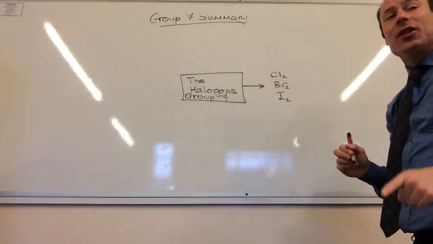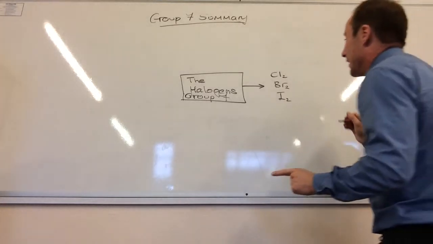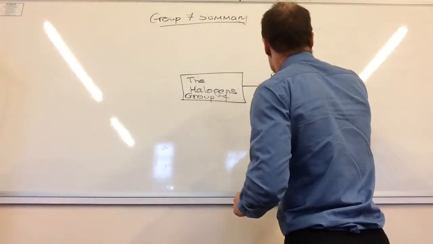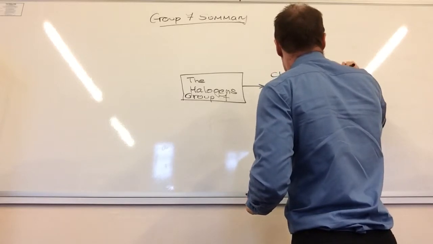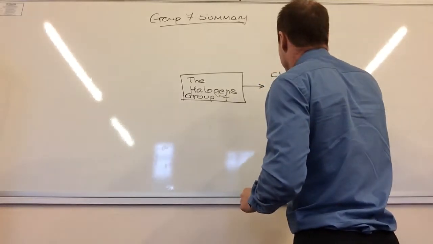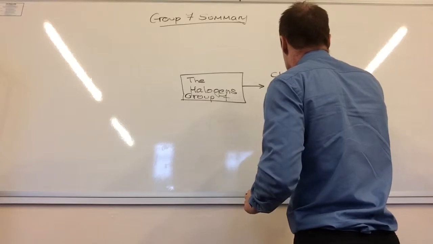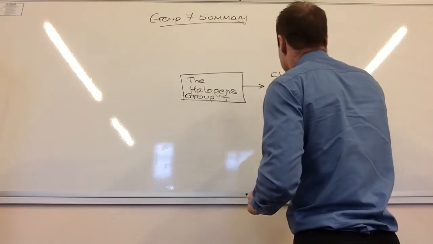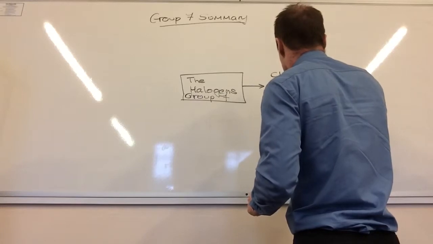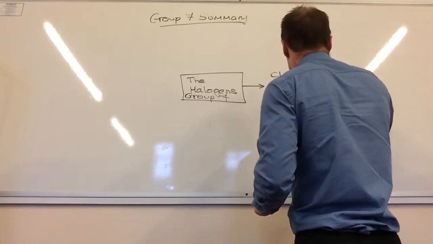And you need to know their colours and their states. So chlorine is a pale green gas. Bromine is an orange liquid. And iodine is a dark grey solid.